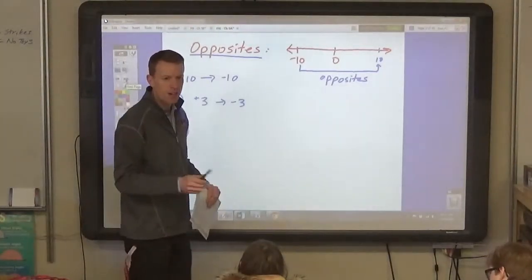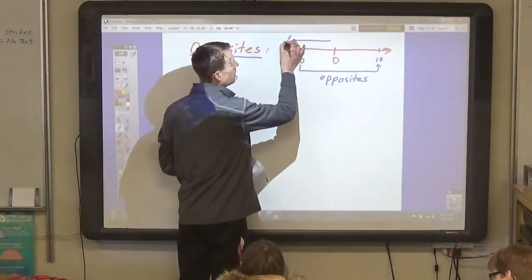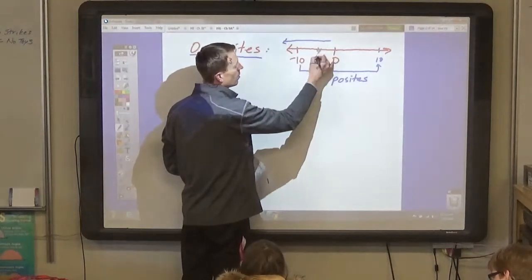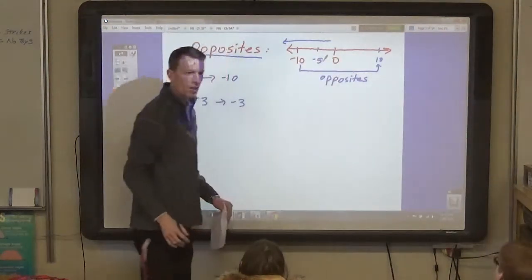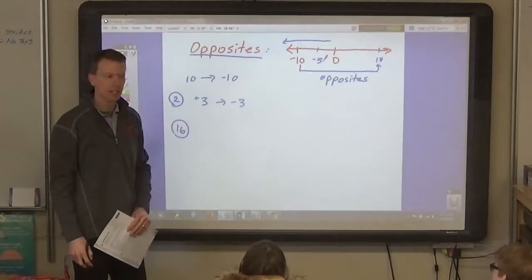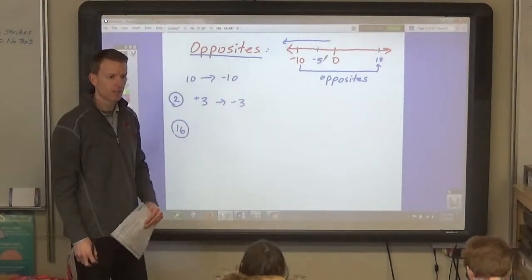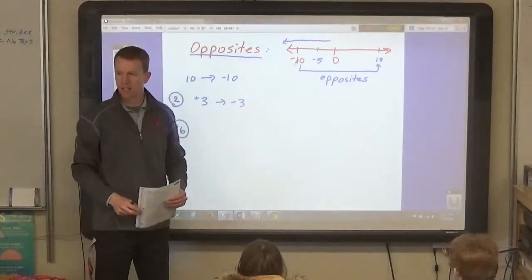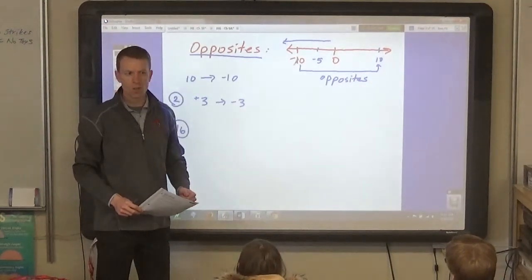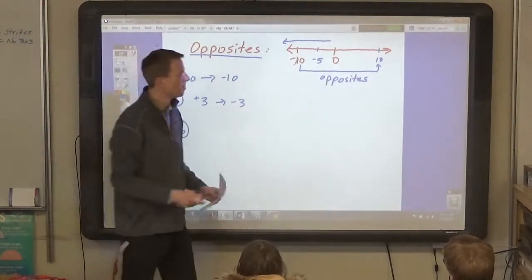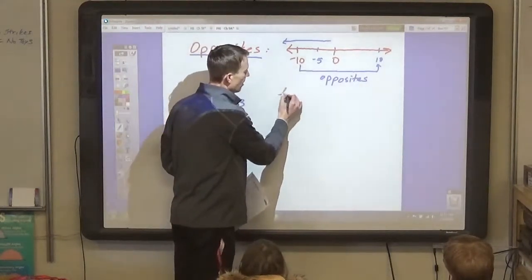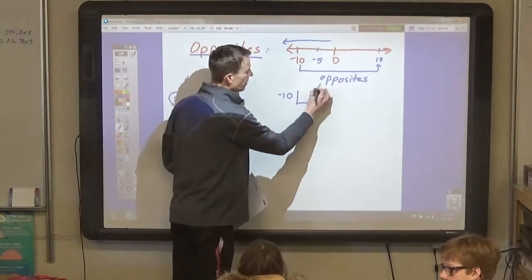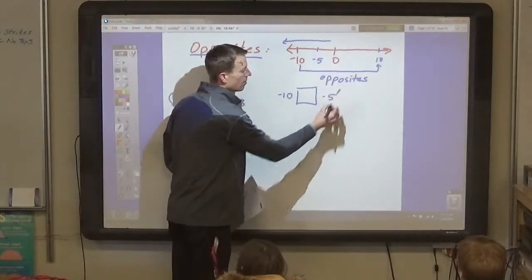The farther a number is to the left of 0, the less it is. The less its value. Okay? So, is -10 more or less than -5? -10 is what compared to -5?